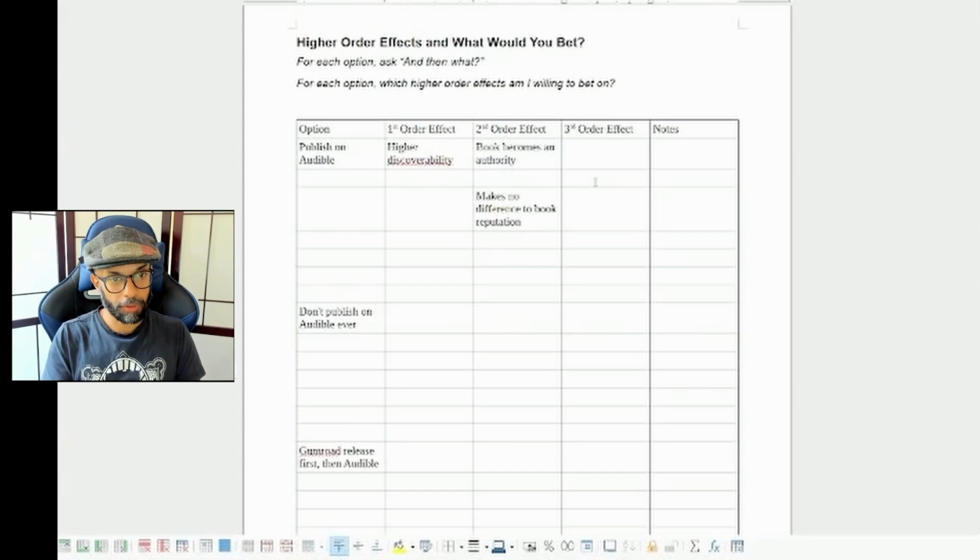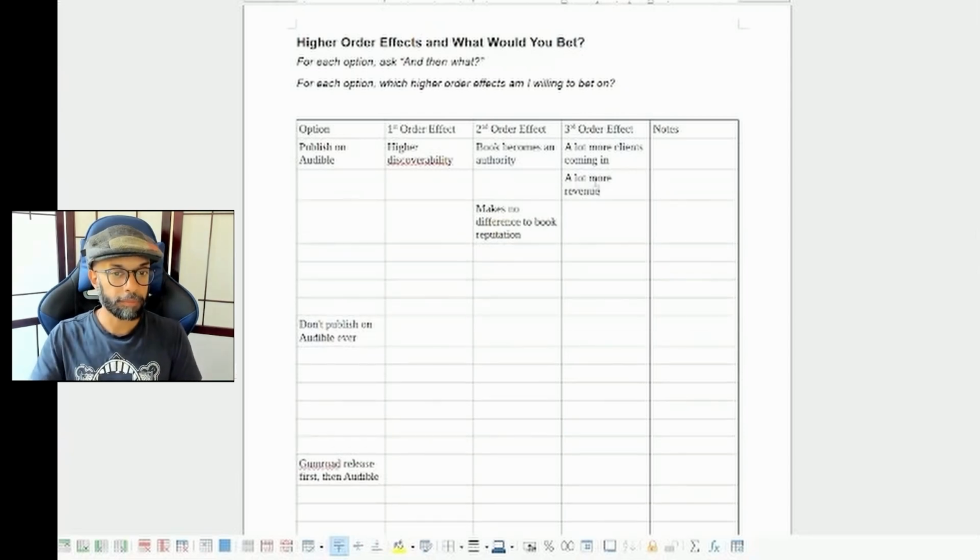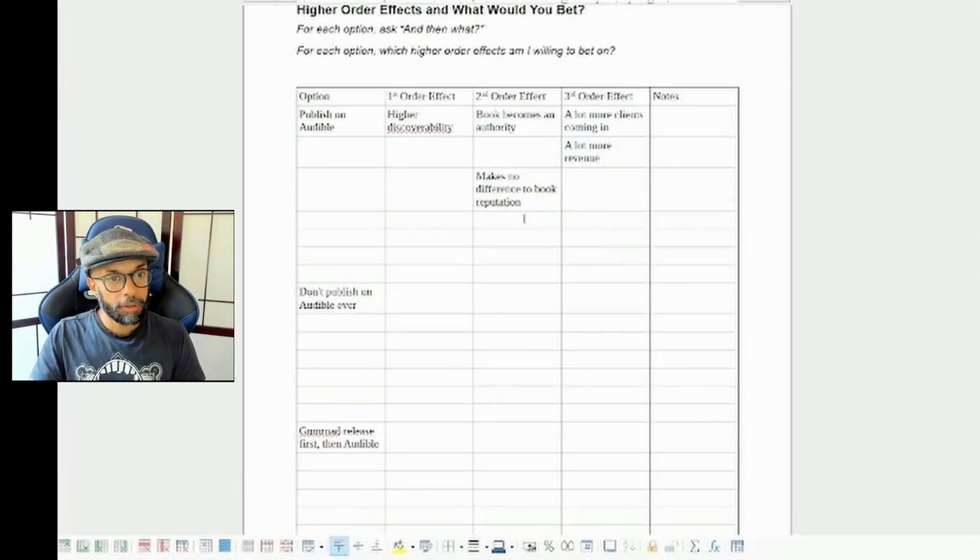And so, of the book becoming an authority, I might get a lot more clients, and I might get a lot more revenue. And so it makes no difference to the book reputation. So chances are it will be no difference to the clients coming in.